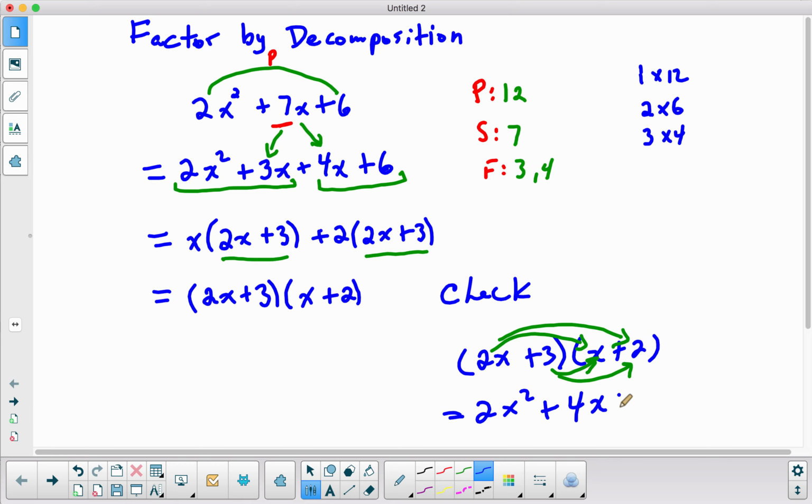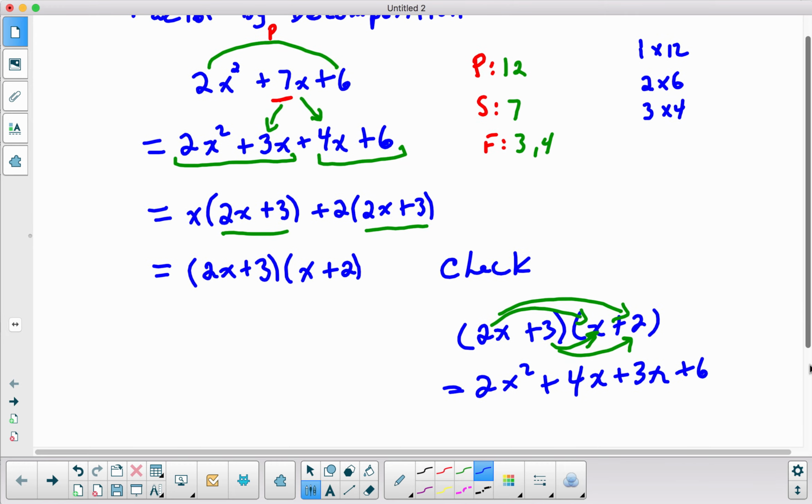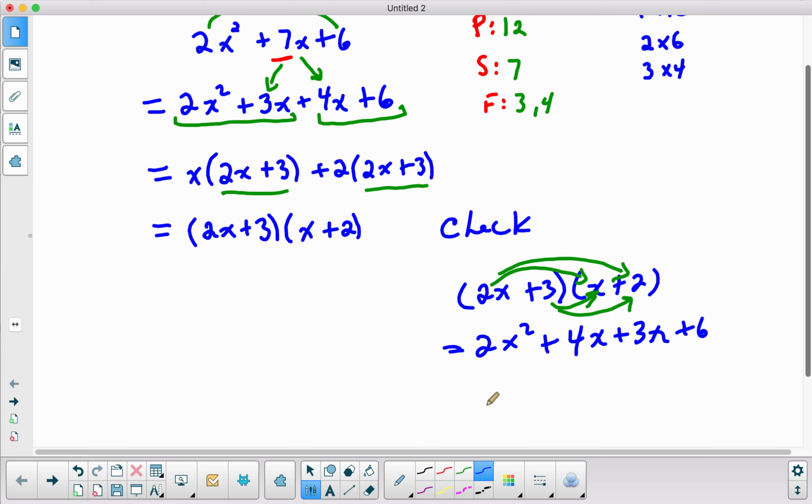So 3 times x is 3x, and 3 times 2 is 6. Okay, and last thing we can do is add the two middle terms together. So 2x squared, 4x plus 3x is 7x, plus 6.